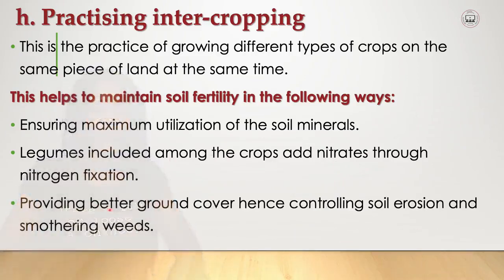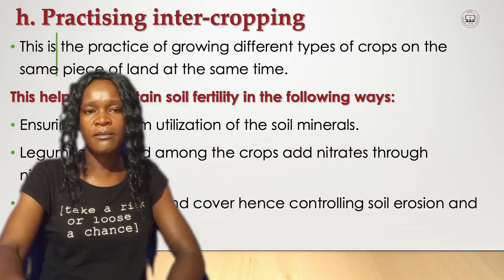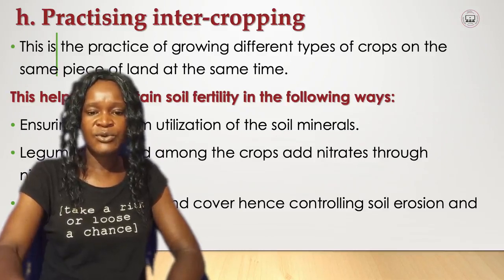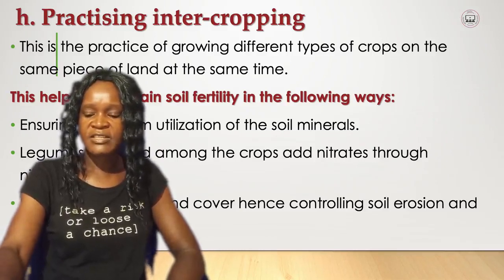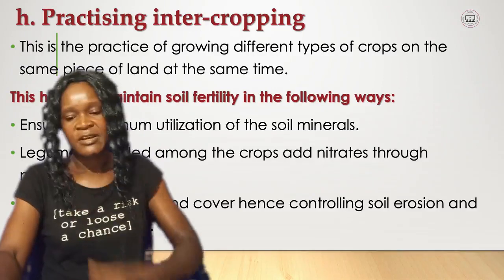Apart from that, they provide better ground cover, hence controlling soil erosion. If you are planting different types of crops, obviously it means the soil will not be bare. If that is the case, soil erosion will be controlled.